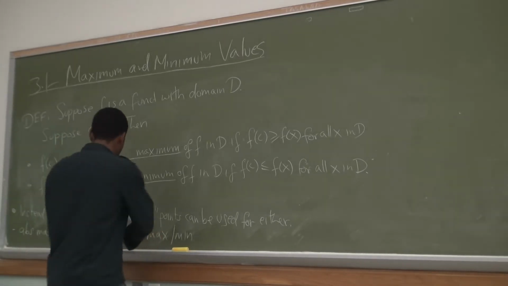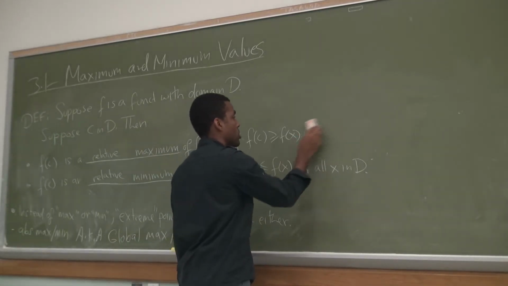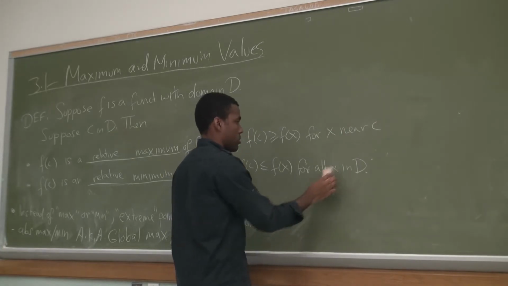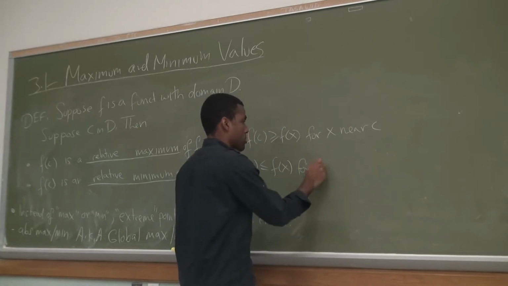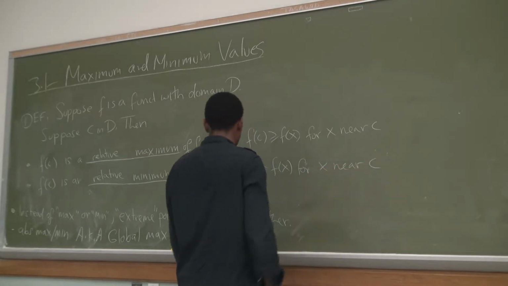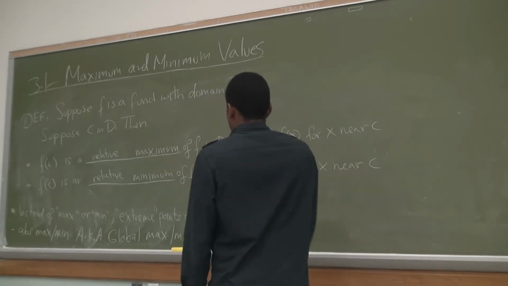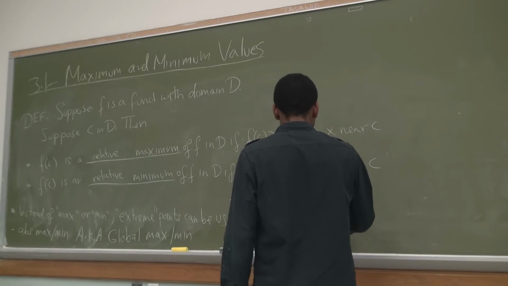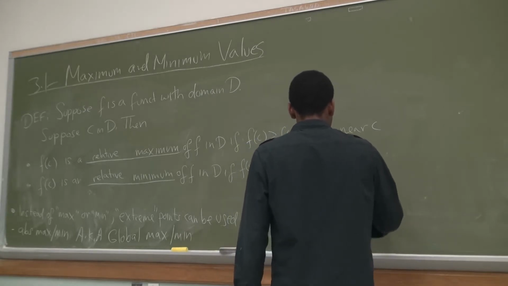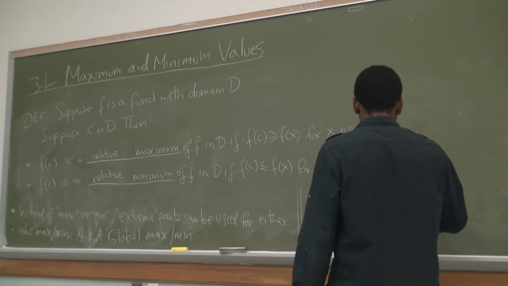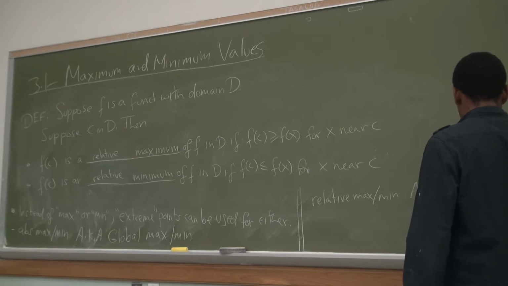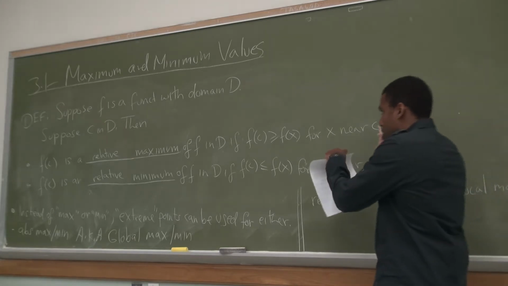And this happens if it's bigger than all guys for x near c. Another aka: relative max or min are also called local max or min, right? Because you're dealing with a small vicinity.